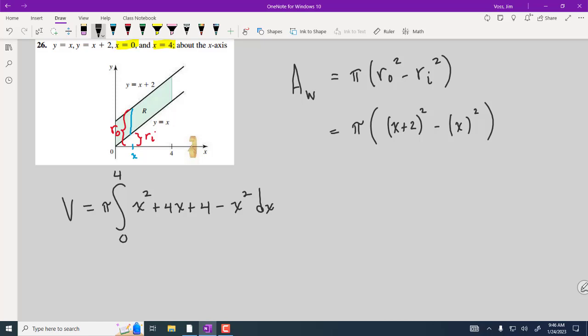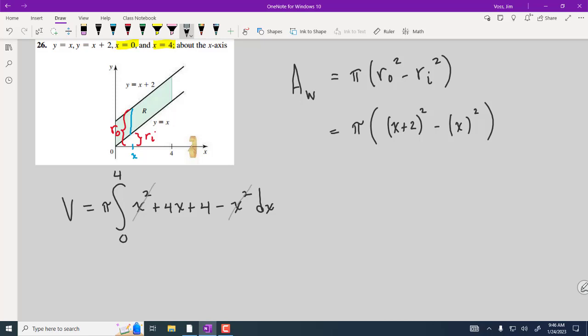No simultaneous solve. Limits are given. And of course, we'll combine like terms so the x squareds will vanish. And then we have two terms that we can integrate using the power rule.